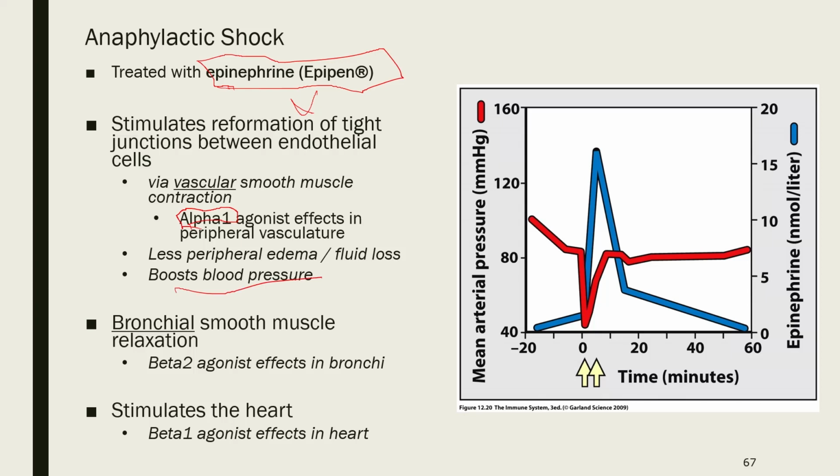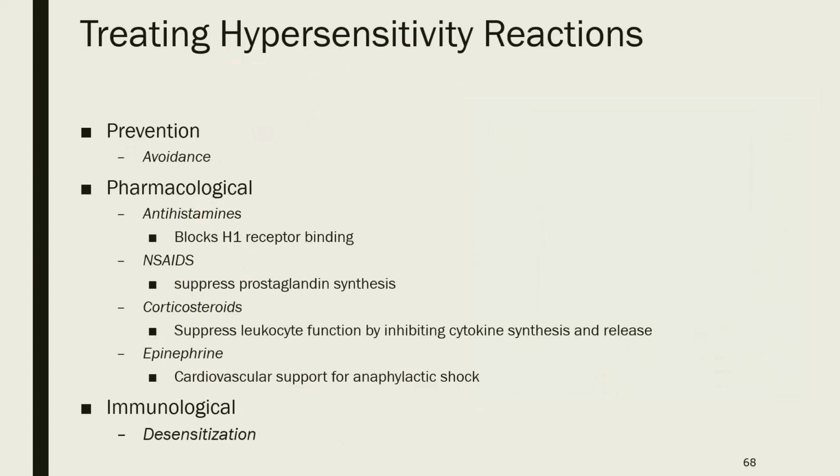It also activates beta. Beta agonist effect also promotes smooth muscle relaxation in the bronchi, and stimulates the heart. So all these effects are non-specific; in general, we just want to reverse the effects caused by those inflammatory mediators.